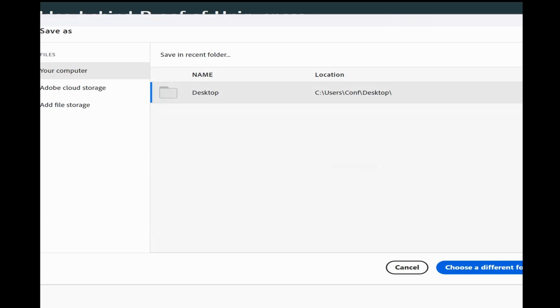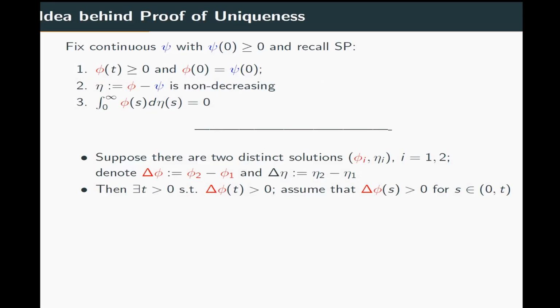So you have some t for which this is greater than 0. And just for simplicity, let me assume that before that it was always zero, so it was at 0 and then it became positive, so that there were no crossings before, just for the simplicity of this talk.